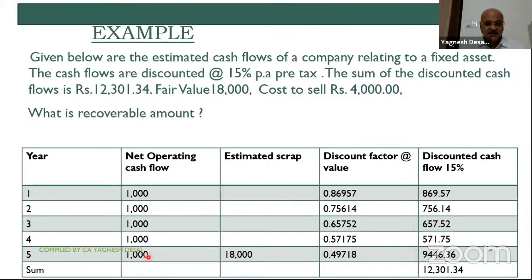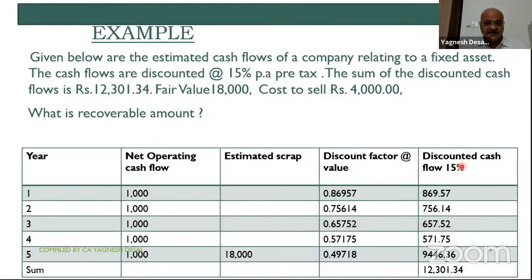This income is then applied. There's a formula for this, which I've given here: 1 plus G, the growth rate, divided by WACC minus the growth rate. So you come to 12,301 as your discounted cash flow.